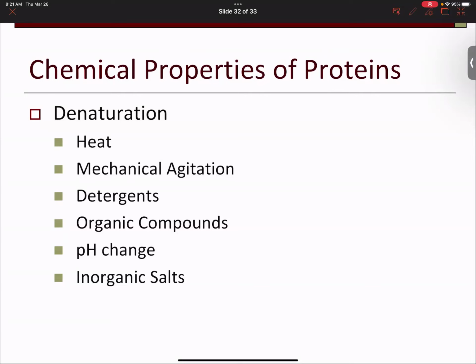Questions? Secondary and tertiary structure. Basically, it interrupts the intermolecular forces.